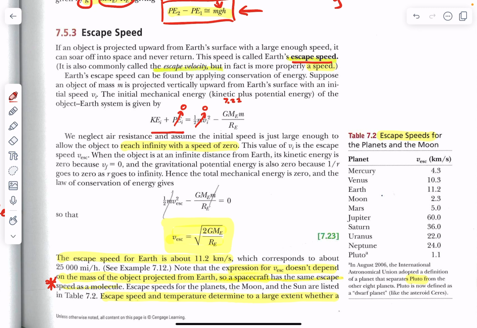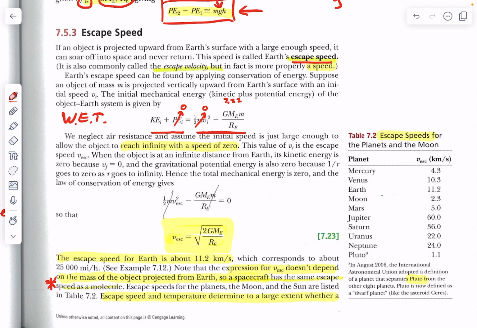Here's my work-energy theorem. We're going to begin with the kinetic and potential energy that my object has on the surface of the Earth, and then we're going to launch it to some distance above the Earth and find out its kinetic and potential energy up there.